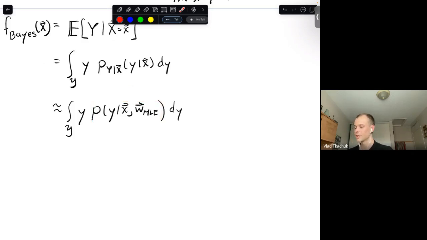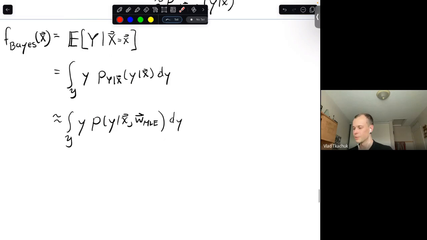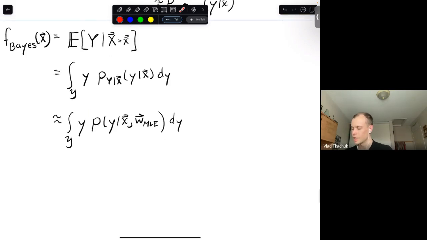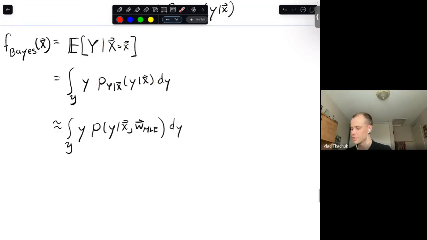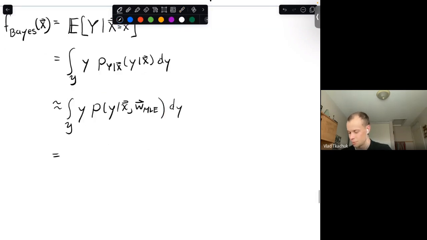So you can think about this as having a different random variable, y prime, where y prime doesn't follow the distribution the way y did, but y prime conditioned on x follows a different distribution, one that has this PDF. So you can think of this as the conditional expected value of y prime conditioned on x, little x.